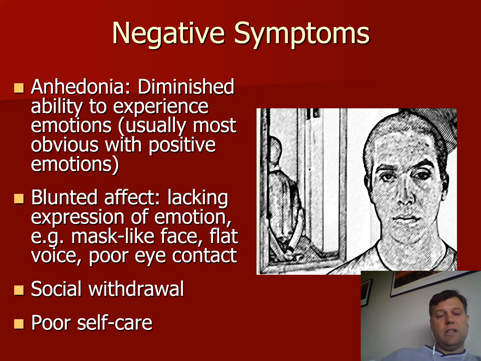In fact, this often leads to social withdrawal and the inability to take care of themselves because of these hugely diminished emotions. Sometimes this can be paired with emotional issues as well. So depression can often, oddly enough, be paired with anhedonia. But if we're just looking at it on the surface, anhedonia itself is described as a negative symptom.